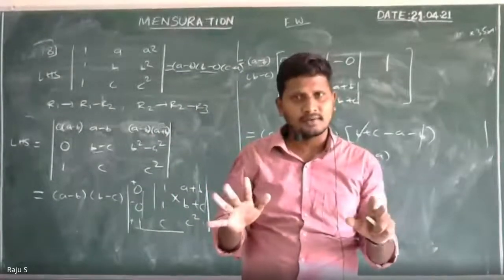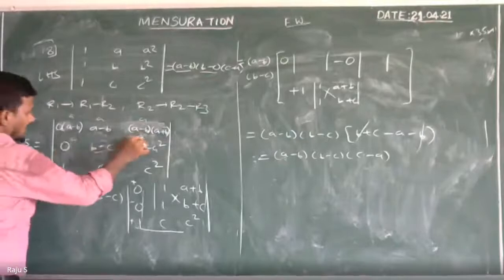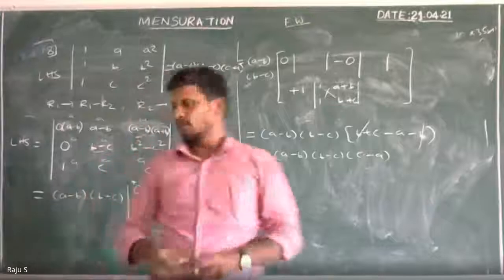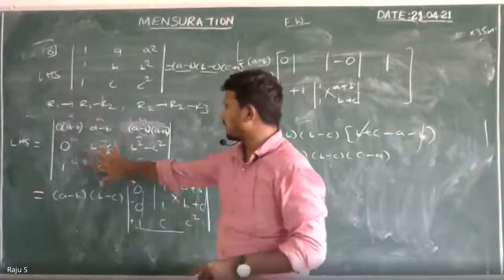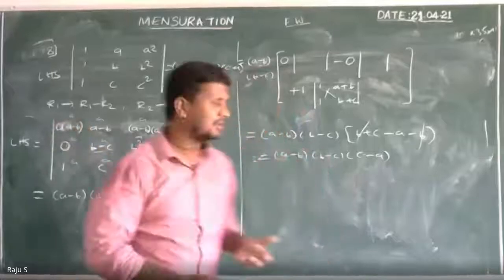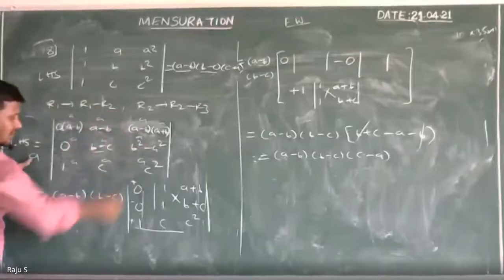For example, something is there, like A will be there, A will be there, A will be there, A will be there, and here also A will be there. When you see this, it looks like A is common for all the elements. How can you take A common? A is common for each and every element.